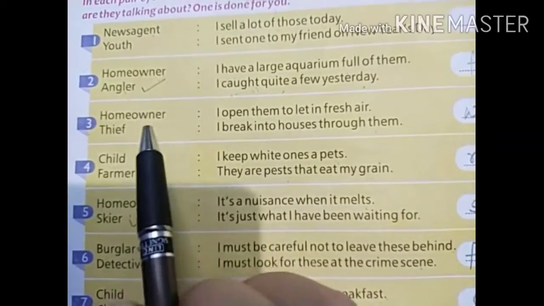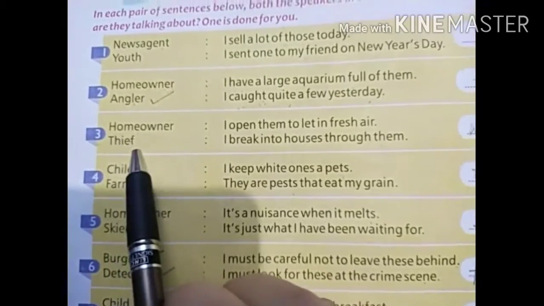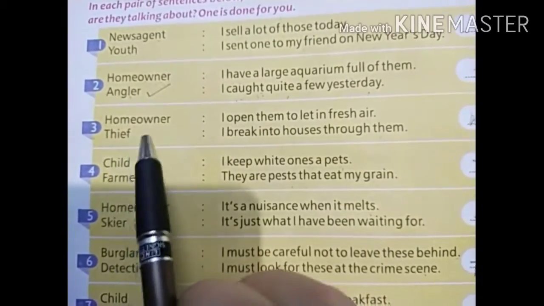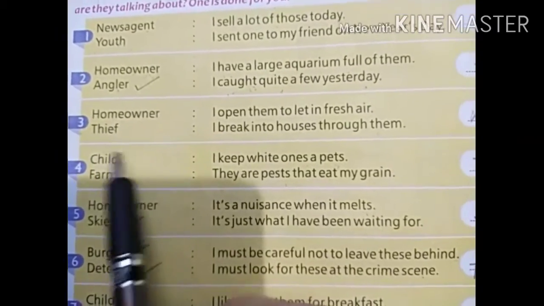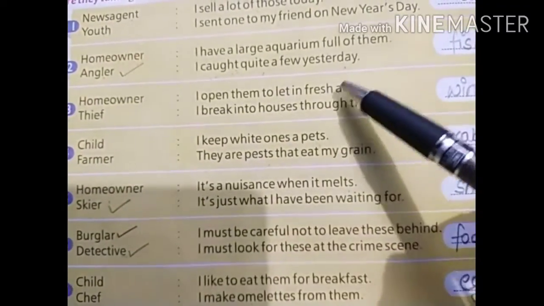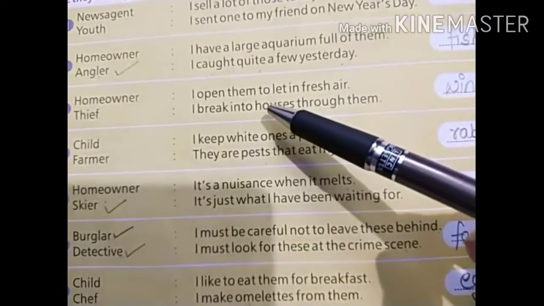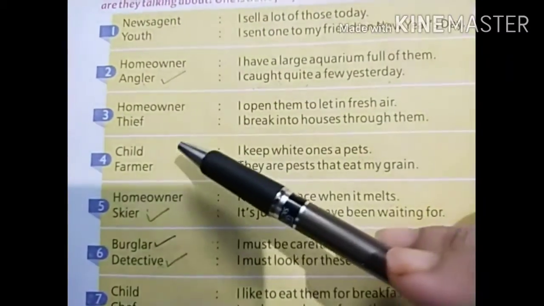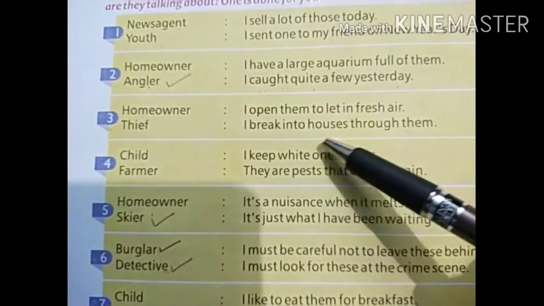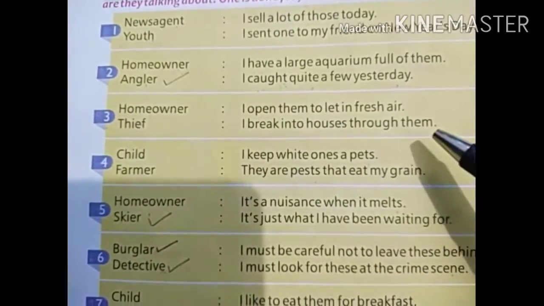Now question number 3: homeowner again and thief. You know, a homeowner is the person who has their own home, and a thief is a bad person who always steals something, a robber. Okay, so the homeowner is saying, I open them to let in fresh air, and the thief is saying, I break into houses through them.